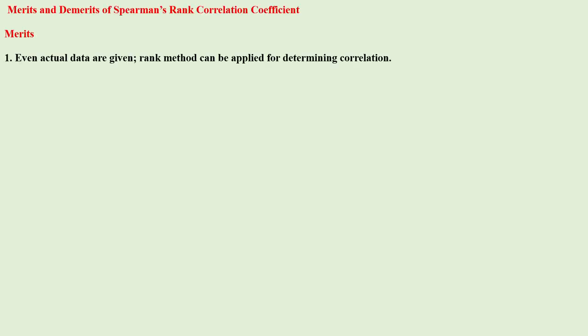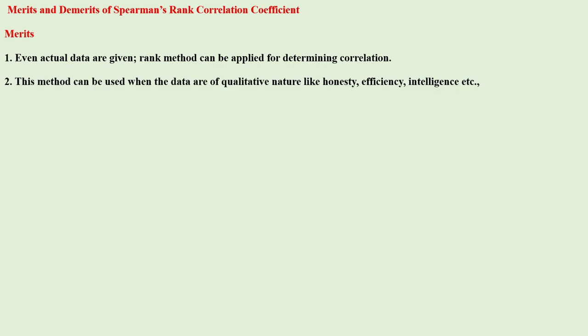Next, merits and demerits. So merits: even if actual data are given, the rank method can be applied for determining correlation, right? This method can be used when the data are of qualitative nature, like honesty, efficiency, intelligence, etc. This is the only method that can be used where we are given the ranks and not data.